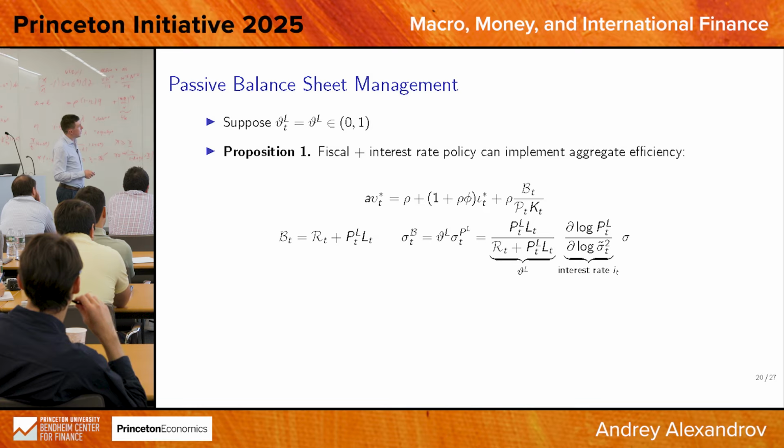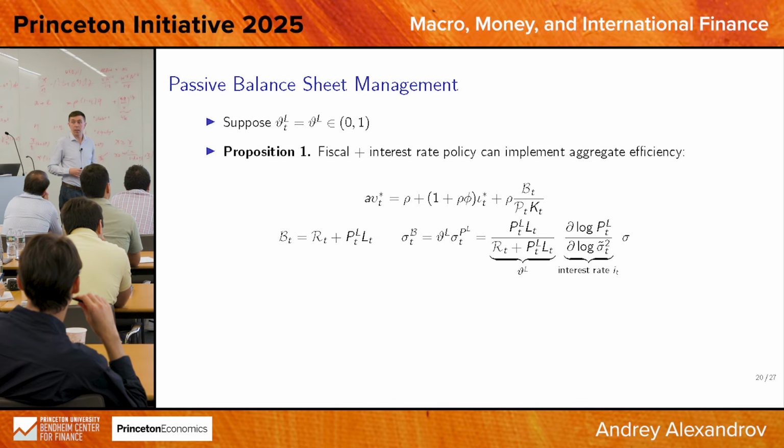Which basically means that even though doing balance sheet management following the shock is not going to help you, it's still going to matter how much you need to cut your interest rate when the idiosyncratic risk goes up. So essentially, your interest rate policy depends on all the previous balance sheet policies that you have conducted.